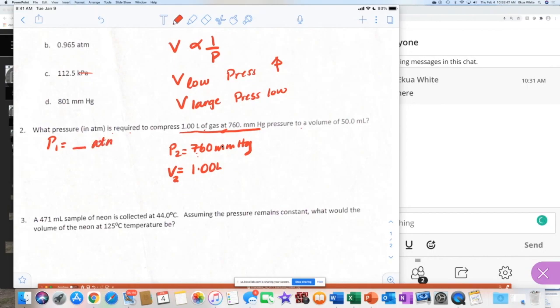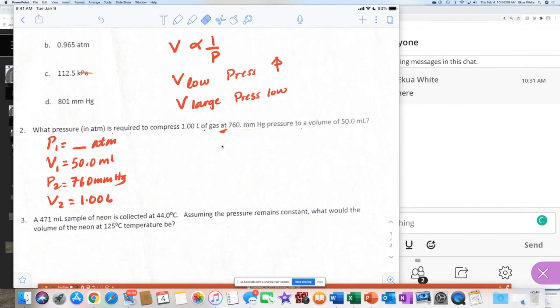It has to be in atmosphere. V1 is given to us as 50 milliliters. P2 is 760 millimeters of mercury. V2 is 1.00 liters.